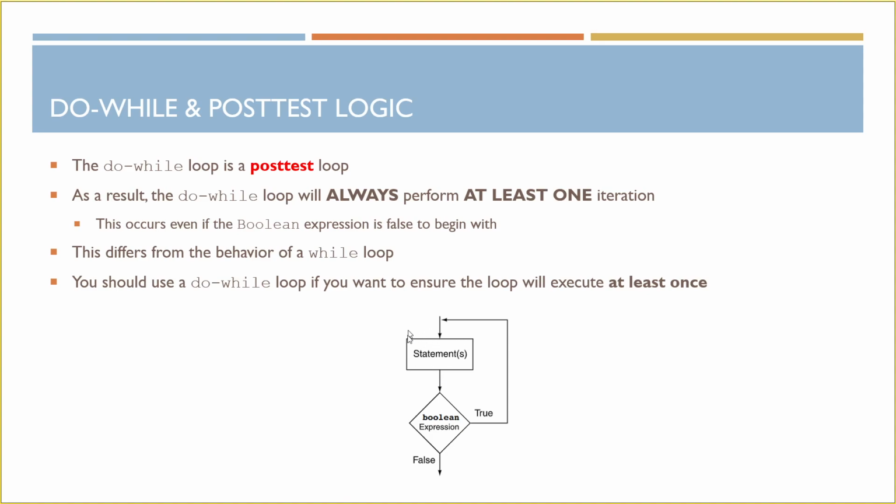The first thing that will happen is the statements of the loop will be executed. Then its expression will be tested, right? If that expression is true, we'll keep going through our do while loop. This is very different than a while loop, which tests first and then executes statements. A do while loop will execute the statements first and then start testing.